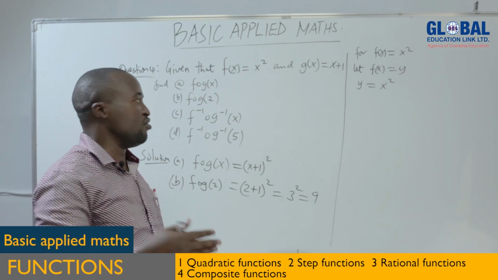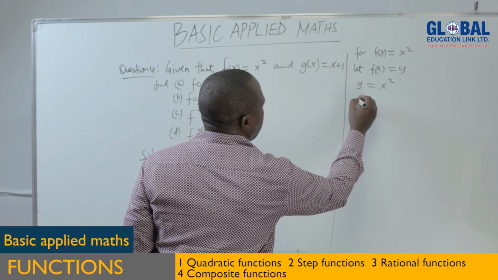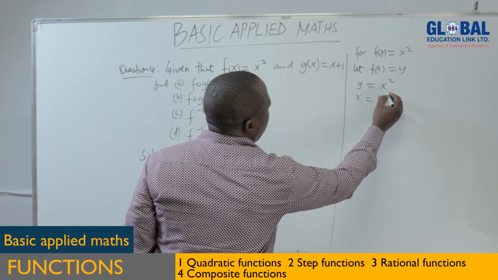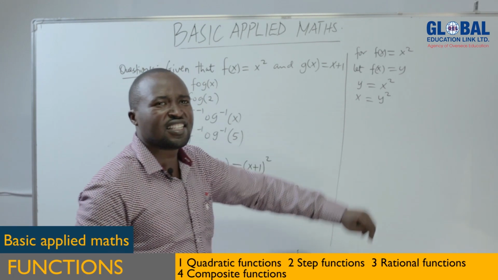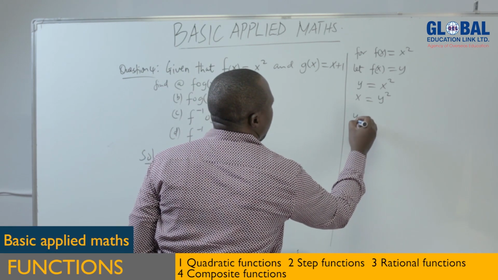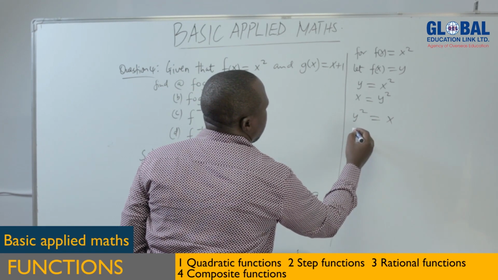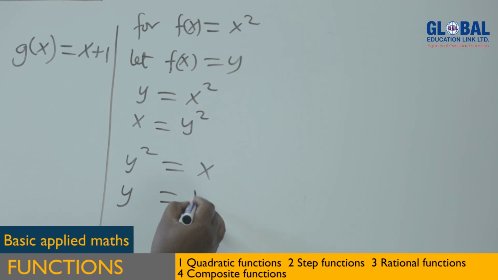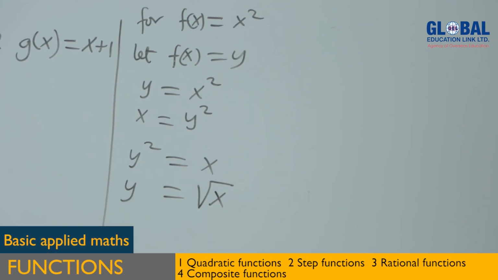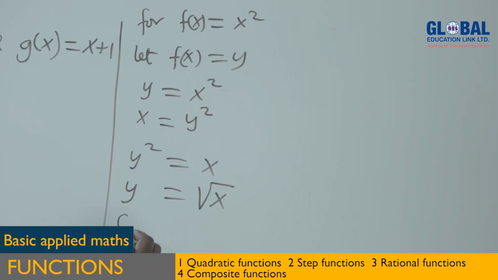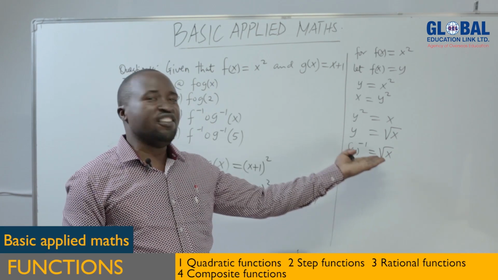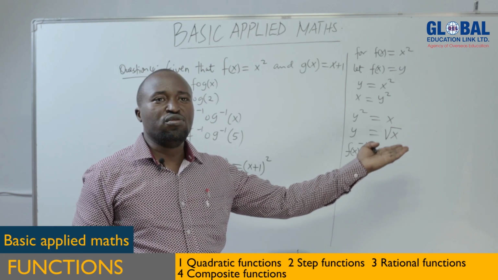So in the position of y, we write x, and for x, we write y squared. Then we make y the subject. So y squared is equal to x, so y is equal to the square root of x. But remember, we said f of x is equal to y. Therefore, f inverse of x will be equal to the square root of x.